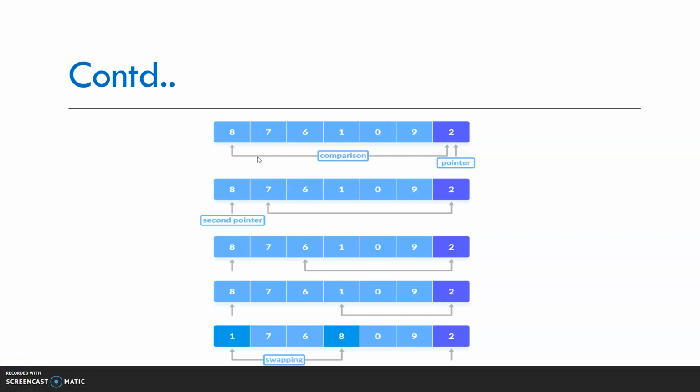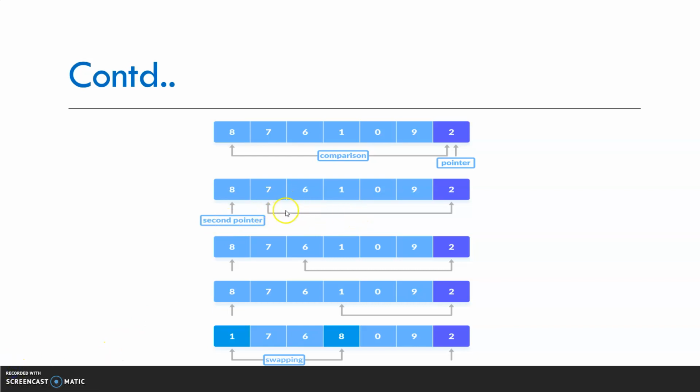As I explained the steps earlier, a pointer is fixed at the pivot element. Then the pivot element is compared with elements beginning from the first index. Now if an element greater than the pivot element is reached, a second pointer is set for that element. Here 8 is greater than 2, therefore I am setting the second pointer here.